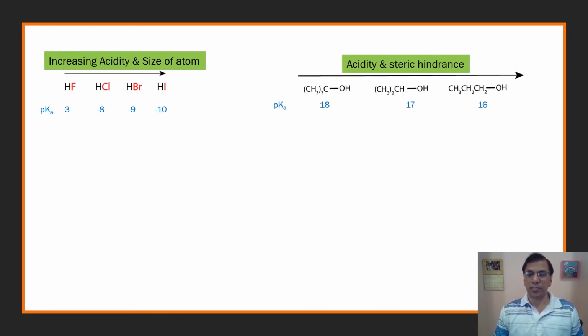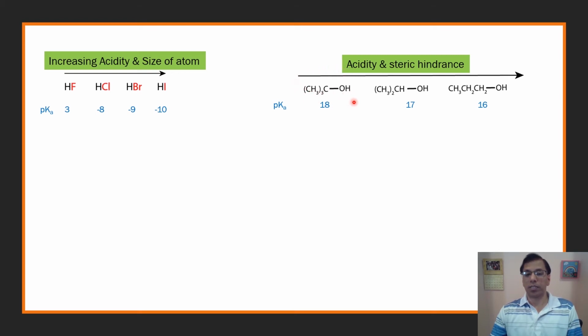Let's move on to the next example, which is acidity and steric hindrance. Consider the example of propanol. It has a pKa value of 16. If the branching increases, as in the case of isopropanol, the pKa value increases to 17.